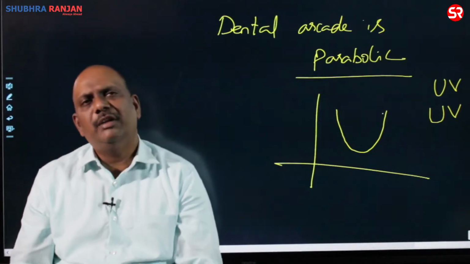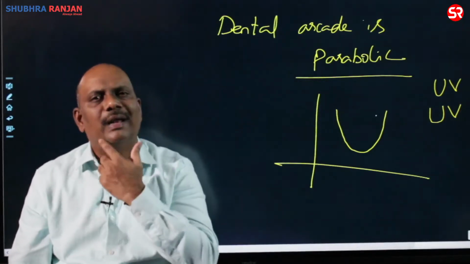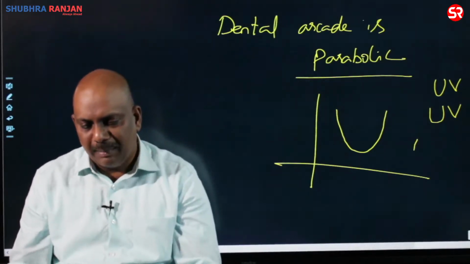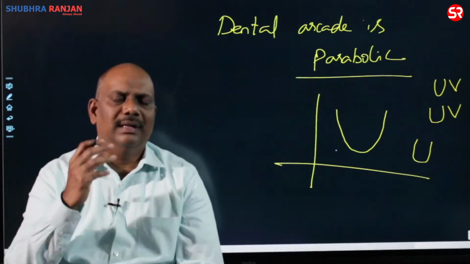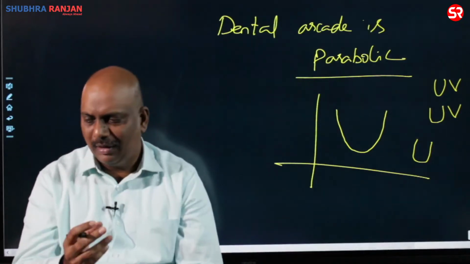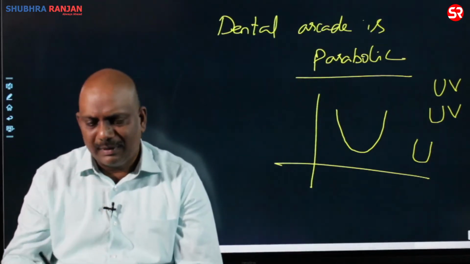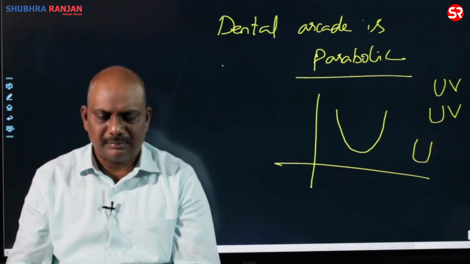But for the primitive apes, this dental arcade used to be U-shaped. For Australopithecus also, the dental arcade is parabolic, and that too without a simian shelf.